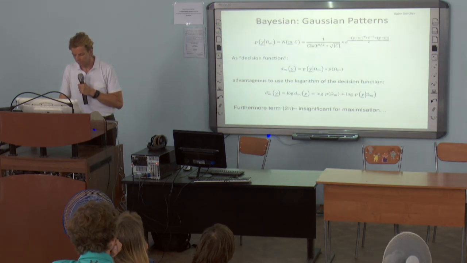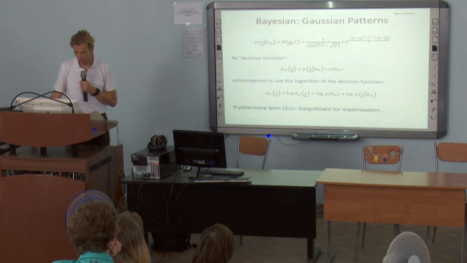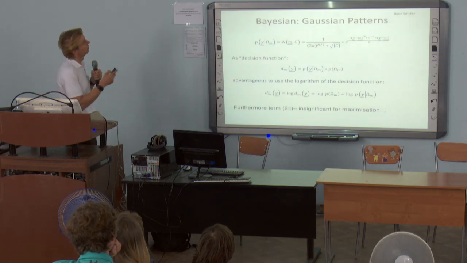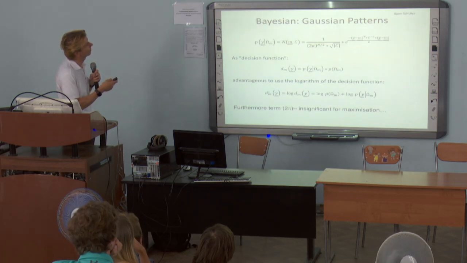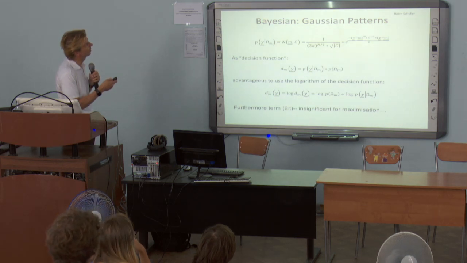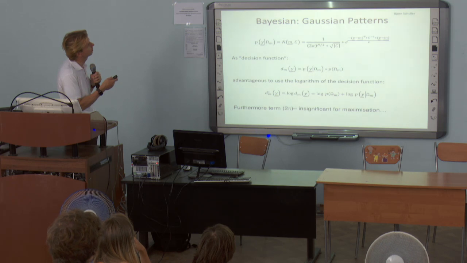If you have the Gaussian function of the normal distribution assumed, you usually use the logarithm of the decision function to substitute the multiplication, the exponentiation by multiplication and the multiplication by addition, so that makes it easier to compute.